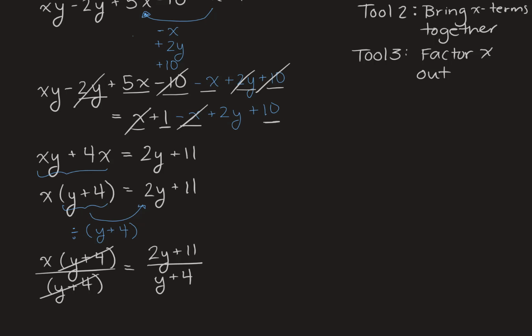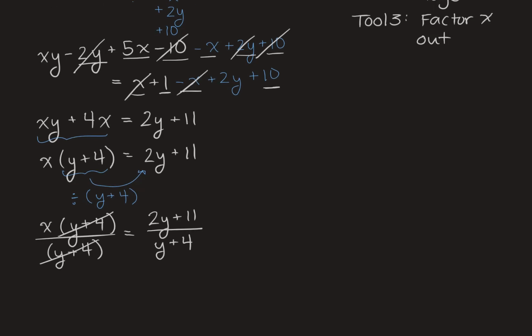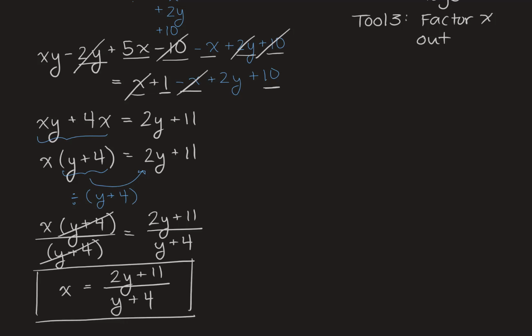And this y plus 4 and this y plus 4 cancel each other out. So I'm left with x is equal to (2y plus 11) all over (y plus 4). That concludes transposing equations.